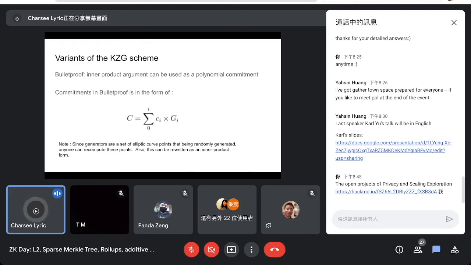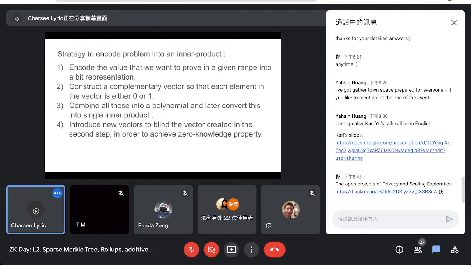The commitment in this scheme is as follows, and you can see that if we treat the coefficients of this commitment and the generators separately, we can rewrite this as an inner product argument. Everyone can compute these points on his own. So Bulletproof is transparent.